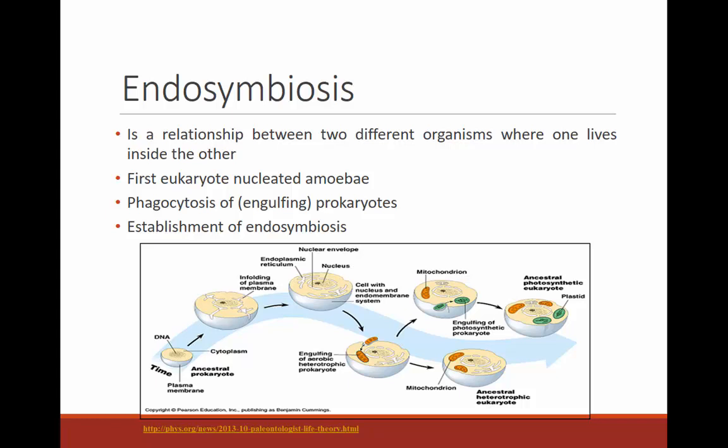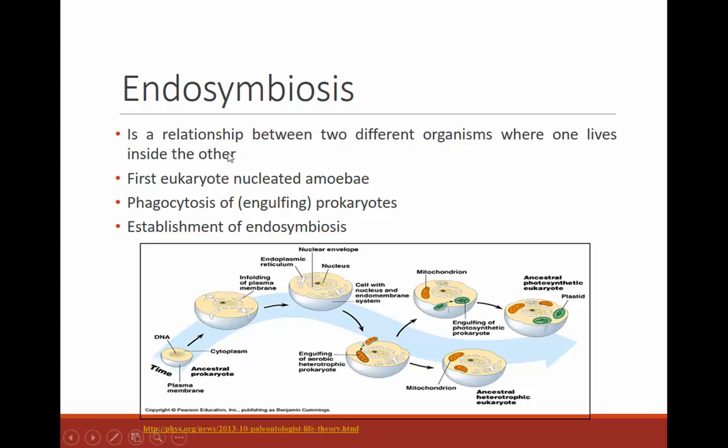And that was explained by a theory called endosymbiosis, where you have a relationship between two organisms, where one organism lives inside the other organism, or the cell of the other organism. And it's a symbiotic relationship, so there's a positive or a neutral outcome. Okay, it's not a negative one, otherwise it'd be a parasite.